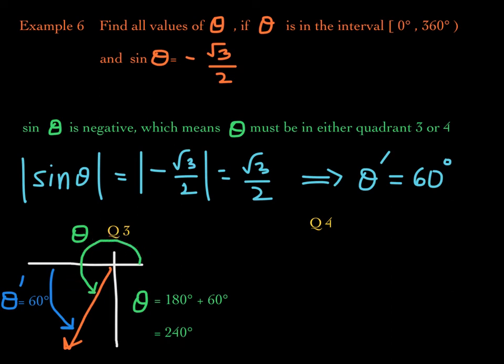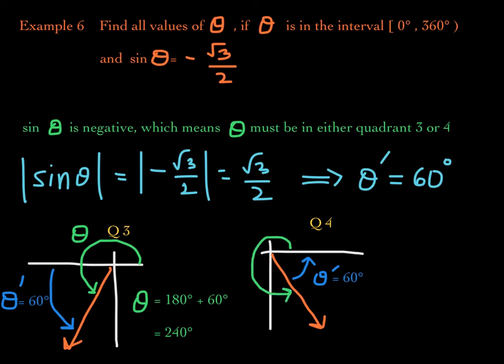Now let's go to quadrant 4. So here we are in quadrant 4. The reference angle is 60 degrees. That implies that theta would be this amount right there. Basically, 360 degrees minus 60 degrees, or 60 degrees shy of 360 degrees.